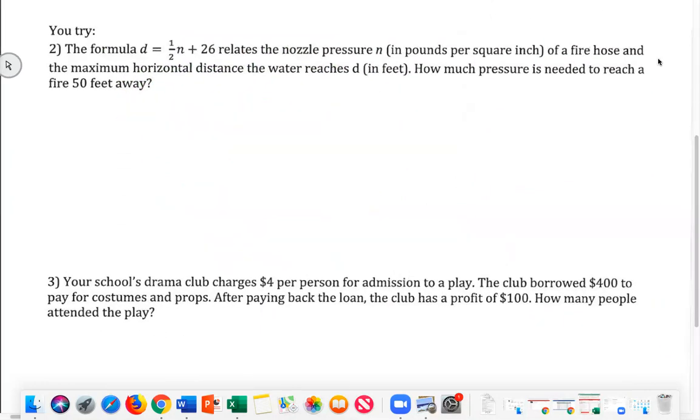All right. Now, Tyler, I know you don't know much about nozzle pressure and stuff like that, but can you think of somebody who might need to understand nozzle pressure? What type of person would need to know about nozzle pressure? Plumber, very good.